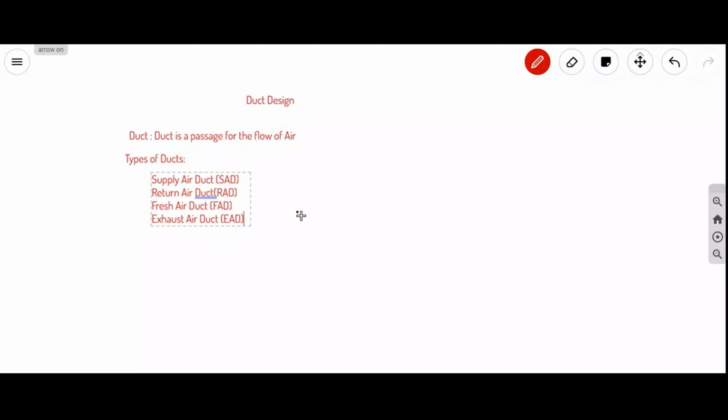These are the different types of ducts. According to our application, we use the types of ducts. Next, duct shapes. What are the different shapes of ducts we use in the industry?